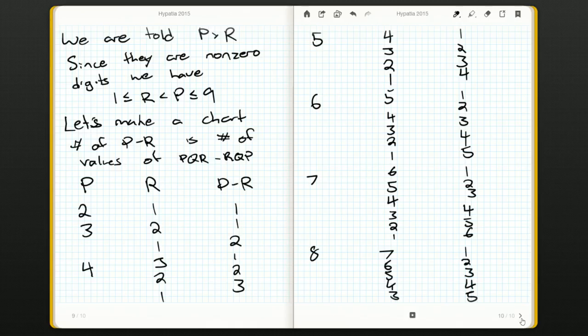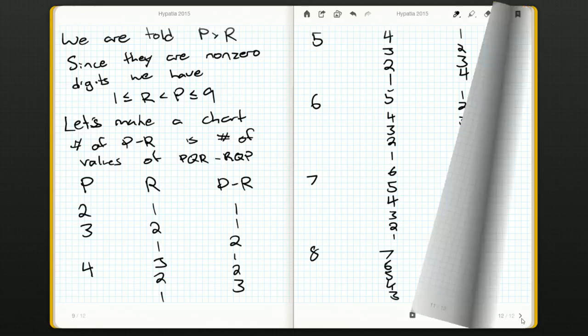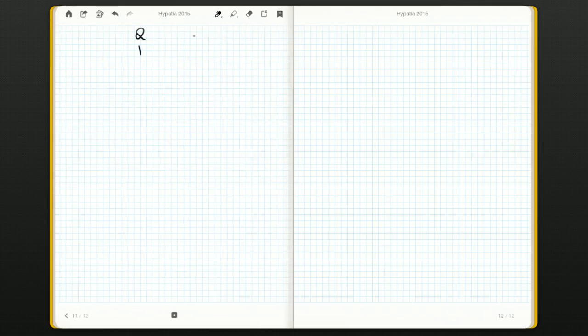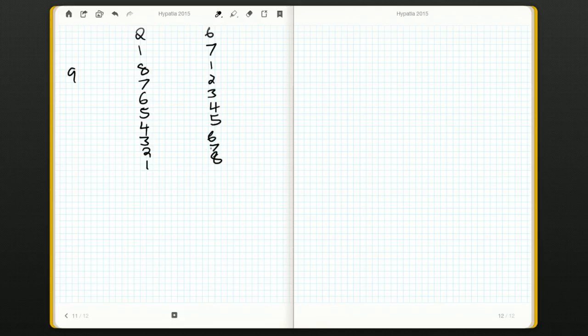We'll continue on the next page with 2 and 1. So that's 6 and that's 7. And then if P was 9, we could have 8, 7, 6, 5, 4, 3, 2, 1. We get 1, 2, 3, 4, 5, 6, 7, 8.